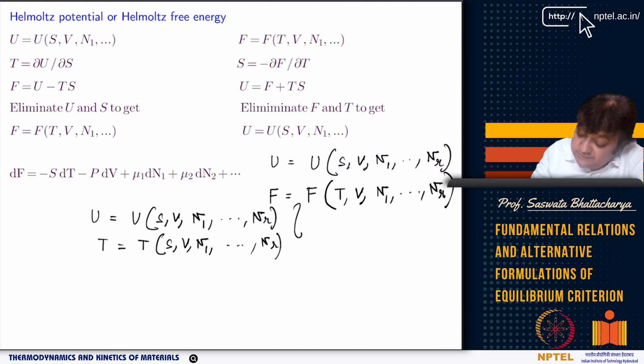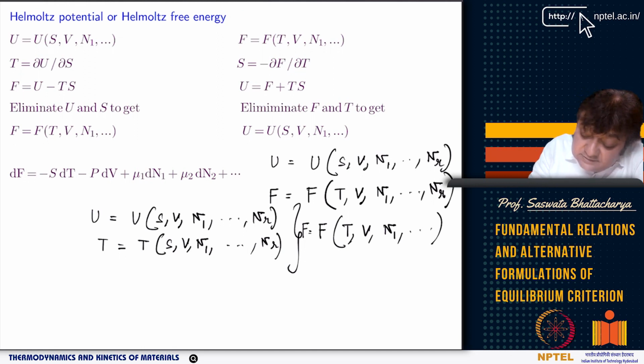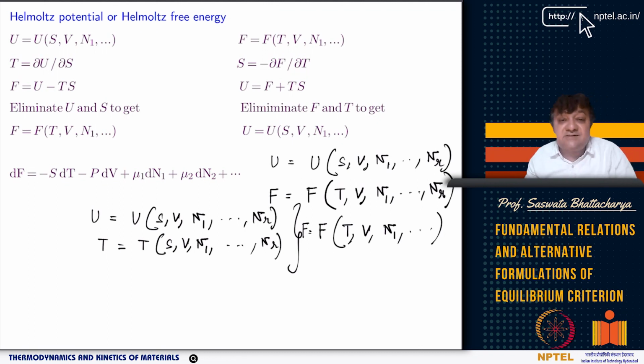Now, these two can be replaced by a new thermal potential F, which is directly a function of T, V, N1. So, you do not require this additional relation or this additional equation of state. Consider a system with fixed volume and mole number, in contact with a thermal reservoir, or a temperature reservoir.